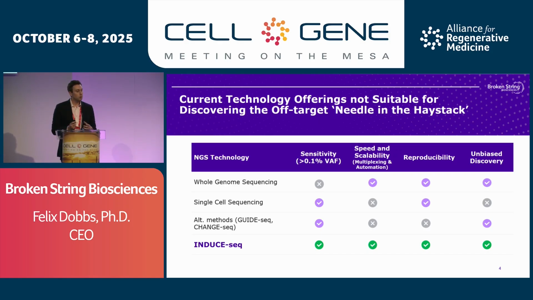Things like whole genome sequencing lack the sensitivity to do this, and there are a range of other techniques out there that people are trying to use for this, things like single cell, and there are a whole raft of different off-target methodologies. But taken together, they don't have all the key features required to address this off-target challenge. And that's where Broken String's INDUCE-seq comes in, being a highly sensitive, scalable, and fast approach to reproducibly identify off-targets in the genome.